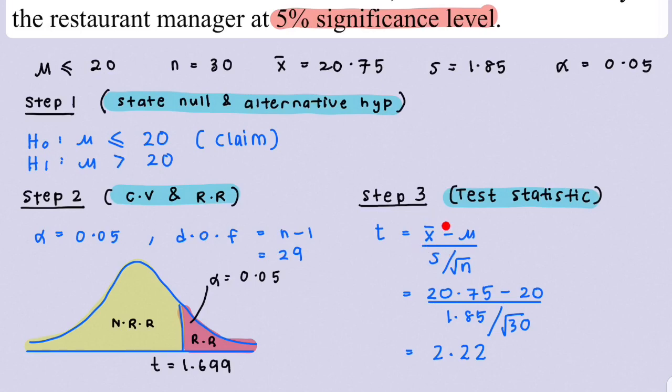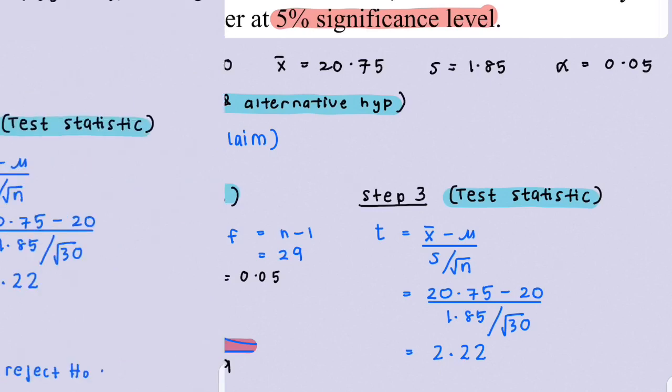X bar is your sample average, which is 20.75, minus mu is mean from population 20, over S given is 1.85 divided by square root of 30, N also given. So substitute everything, you have the answer 2.22 for the test statistic value.